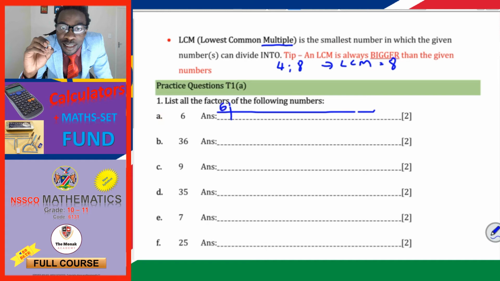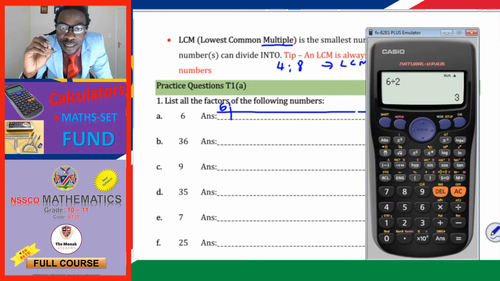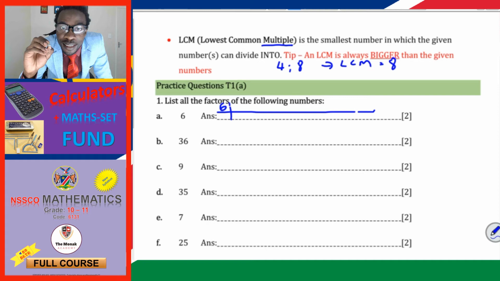We have a 6 there. We divide by the smallest number that we know that goes into 6, which is 2. 6 divided by 2 we know equals 3. So if we use 2, we get 3. If we use 3, we get 1.